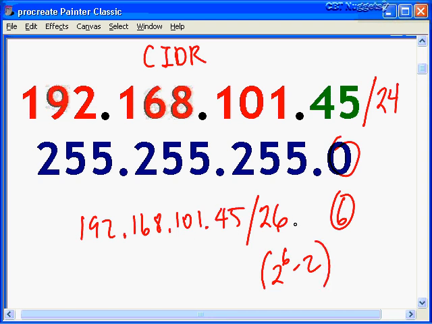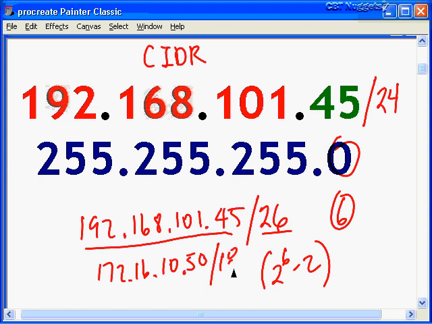So what CIDR basically does is it gets rid of the classes, and you just append to the end of your IP address how many bits you're using for the network, and you can do this on any IP address. You could say, I want to have 172.16.10.50, and I want to use 18 bits for the network. If I'm using 18 bits for the network, 32 minus 18 leaves what? 14.